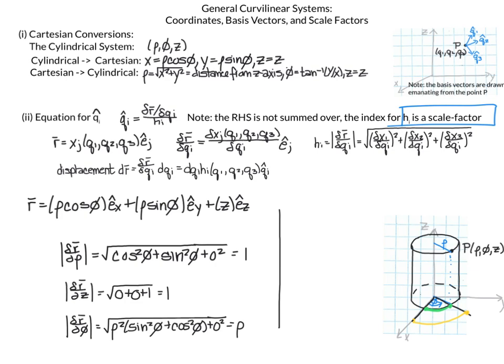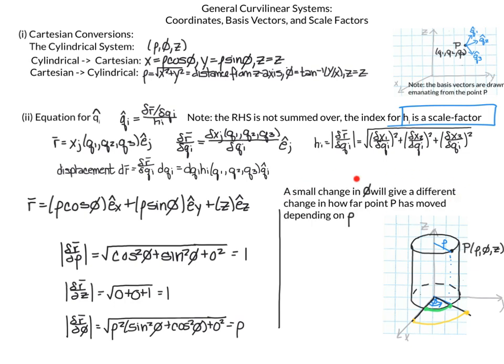And that's the thing about curvilinear systems: when you change these angle variables, in spherical it'll be phi and theta, but here phi, you're changing the distance by a variable amount depending, in this case, on rho.